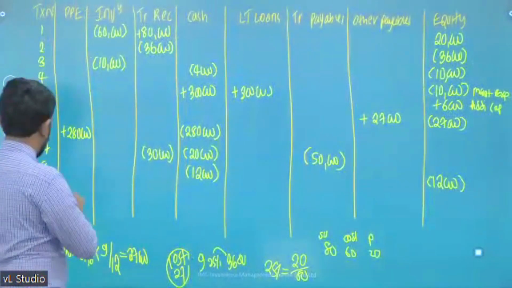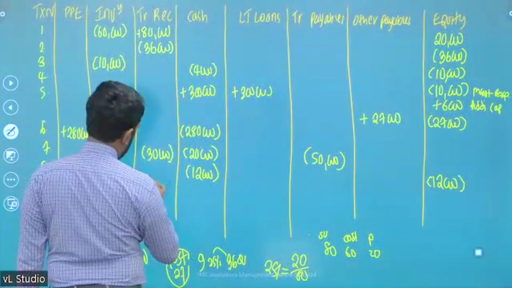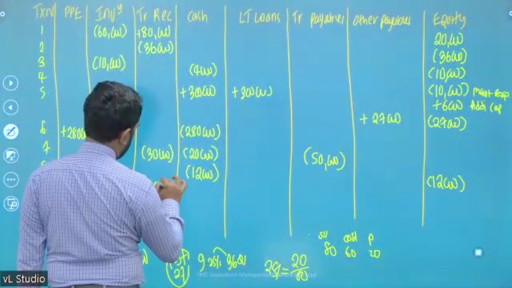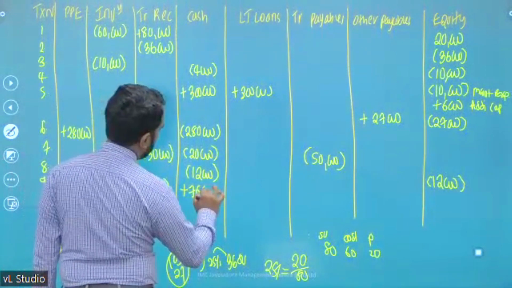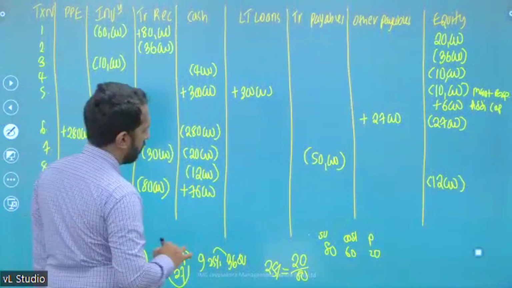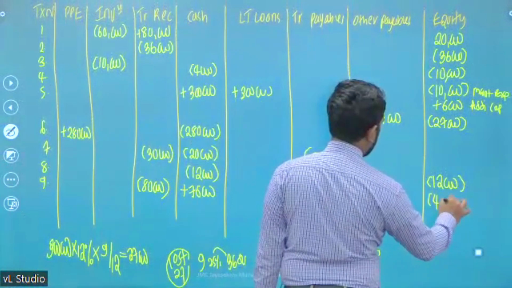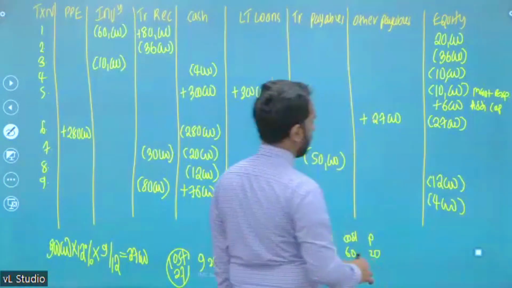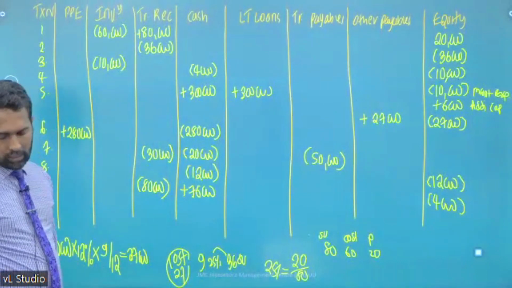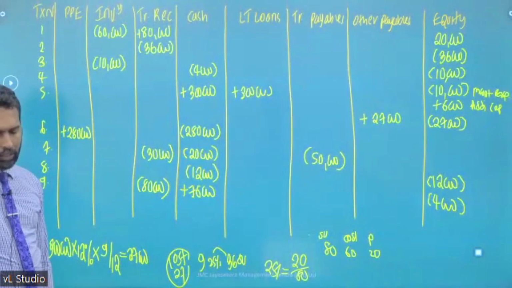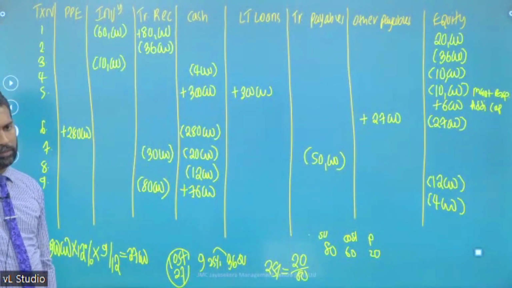Right. So in the ninth transaction, we are going to recover 80,000 from the debtor. Cash we are getting is only 76,000. The 4,000 is the discount allowed expense.